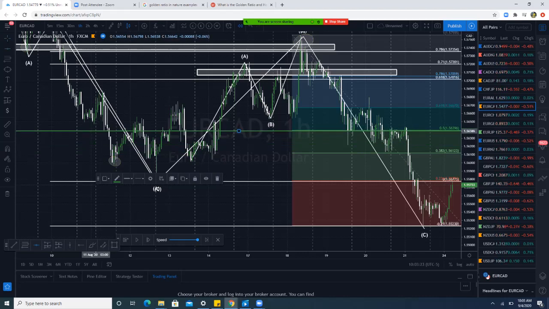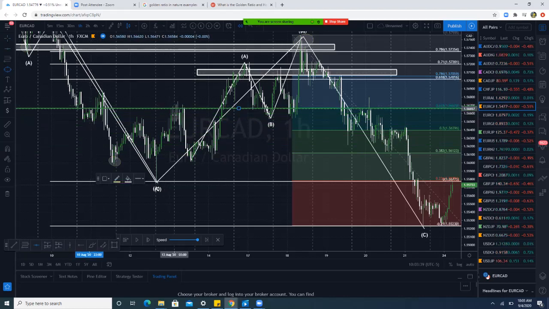So you see that the 50 has a good number of respects, and also the 61.8. So for my entry, especially when there are two points next to each other that have the most respects, and respects just basically mean where price has these wicks. There's breaks and retests going on. There's support going on.